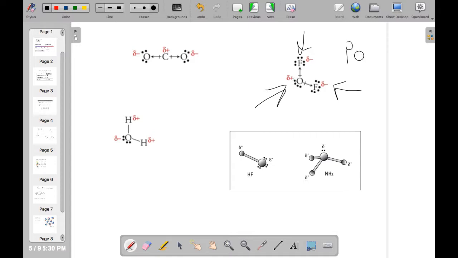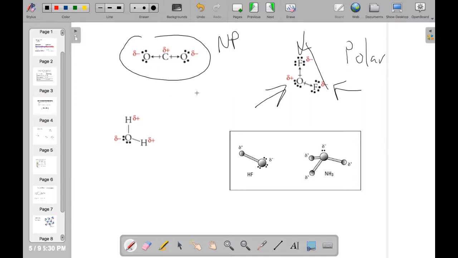This would be a polar molecule. It has a dipole. So that's one pole here, and this is one pole here. Notice we already did CO2. This is nonpolar because of the shape and the charges and how they're distributed. So we have nonpolar and we have polar.